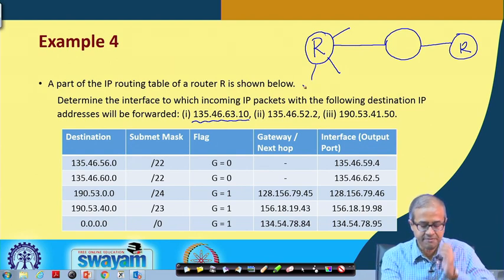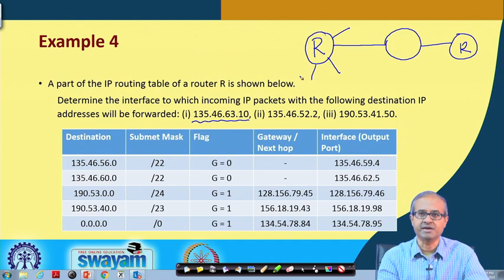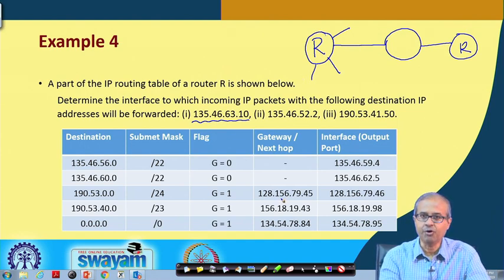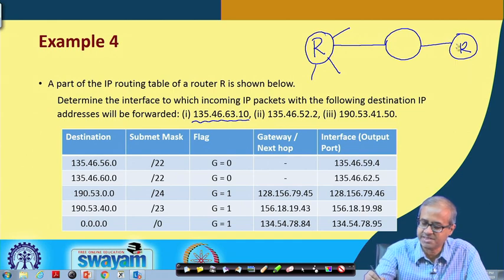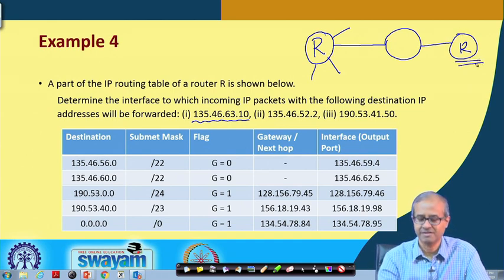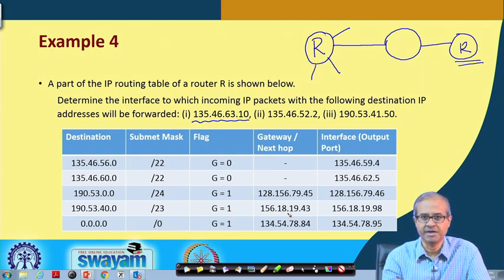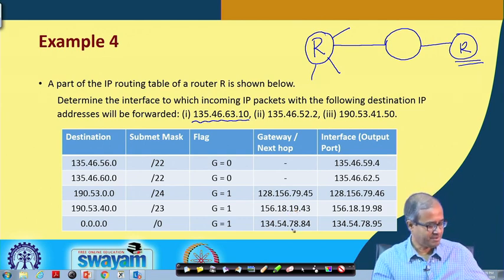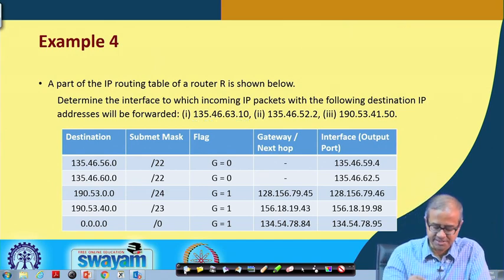Now, if the destination is directly connected, you send it over the outgoing link, but if not, you will specify that this packet has to be sent to some other router, that is the address of the gateway or the next hop. So, you can specify the next hop address also here as an optional choice.